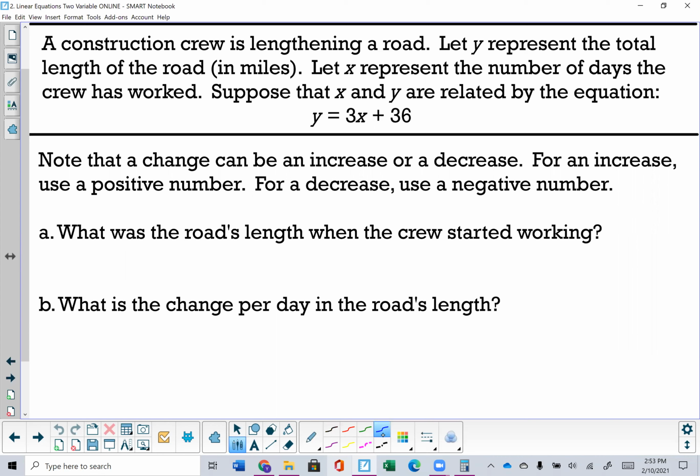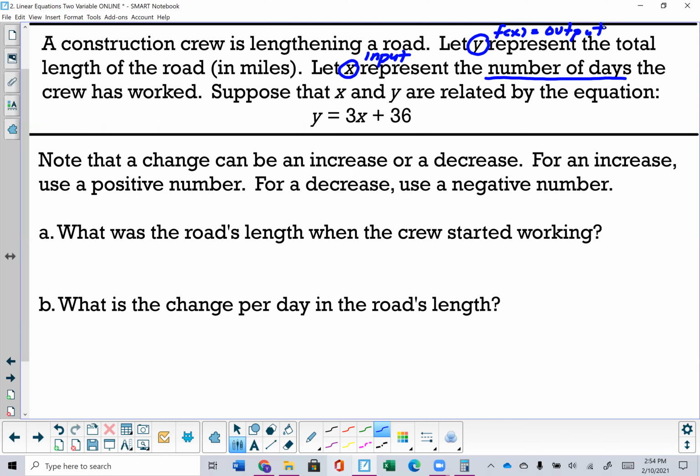Now remember, our x, that's like our input, our independent variable, right? And we're saying that's the number of days. And our y, if we're in function notation, that's like our f of x, and that's our output.